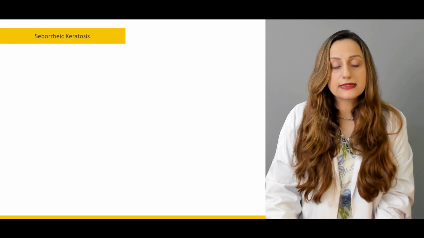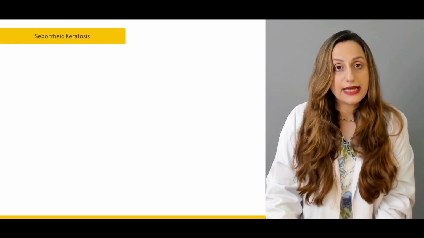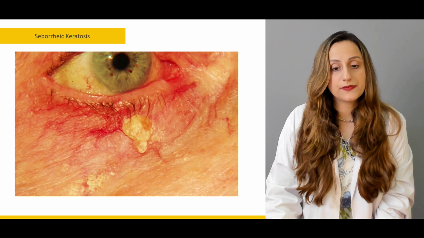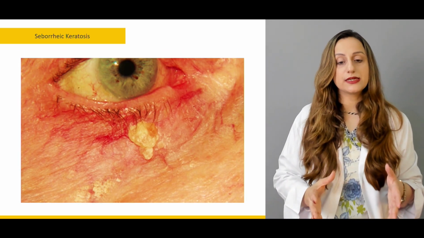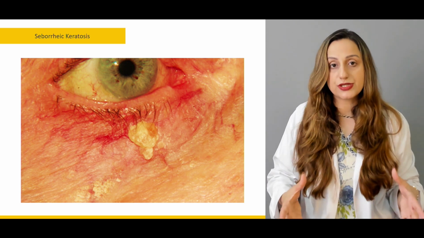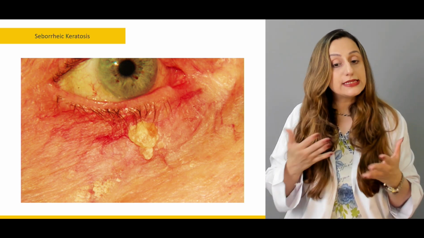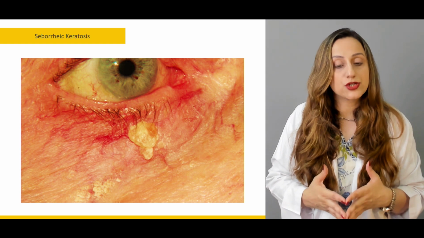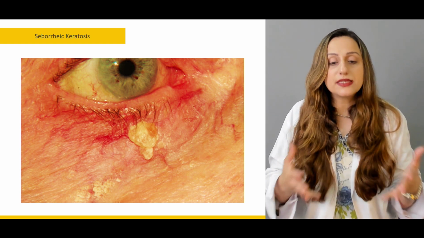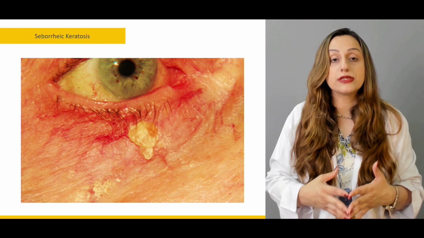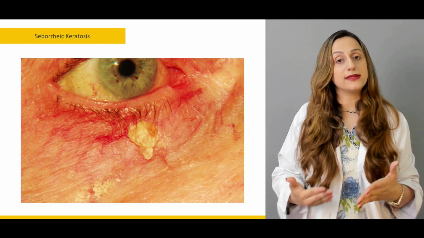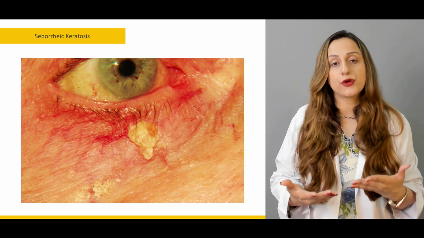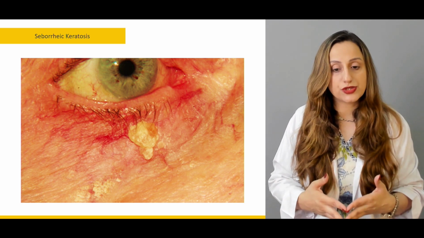Then we have the seborrheic keratosis that is usually seen in these patients. It is usually traumatic conditions that lead towards the formation of this keratotic kind of condition. Again, it's a benign condition, but it's senile or age-related, and in advanced ages we usually come across these seborrheic conditions.